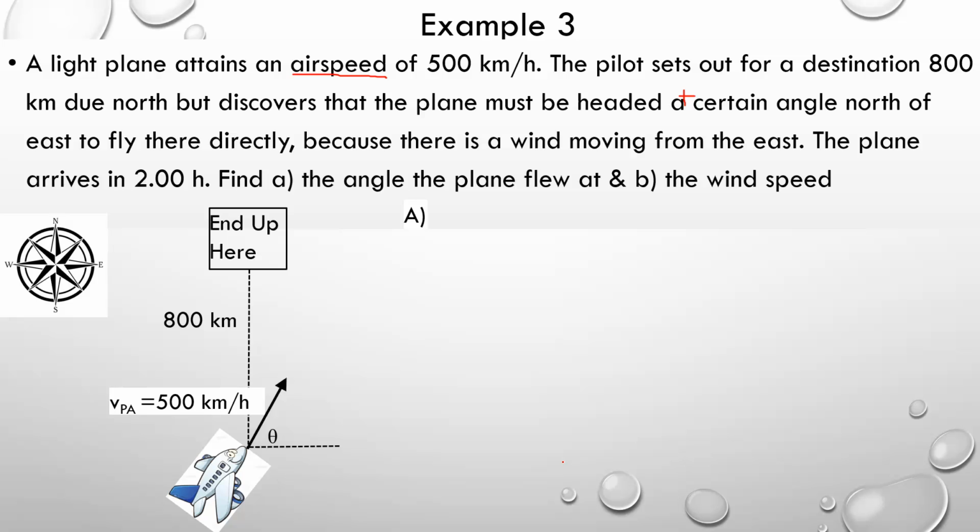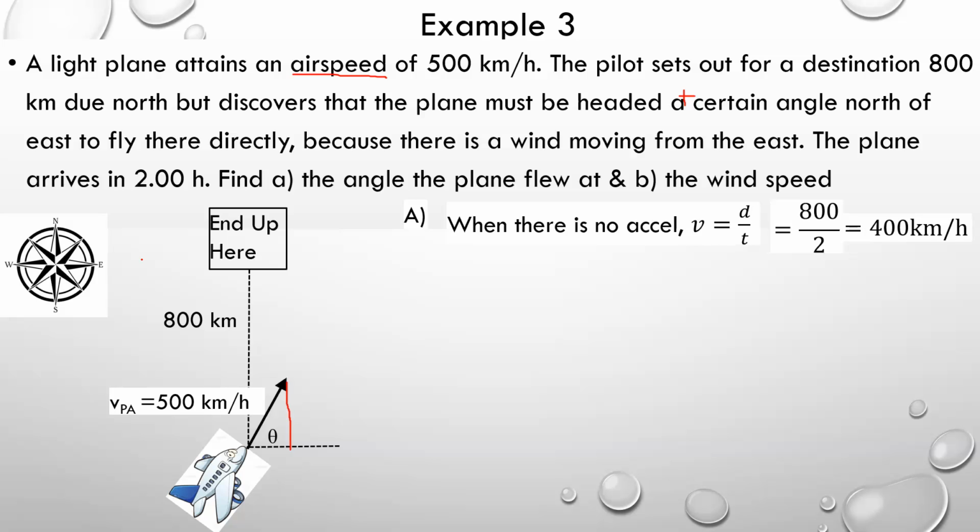The way we want to do that is we actually know what this leg of the triangle is, because we know how long it took to go 800 kilometers. Remember that when there's no acceleration, the velocity is equal to the distance divided by time. You just plug in 800 over 2 and you get 400 kilometers per hour. So the velocity of the plane relative to the Earth is 400 kilometers per hour.